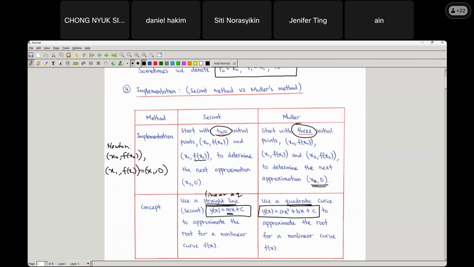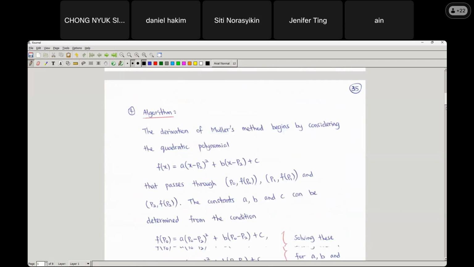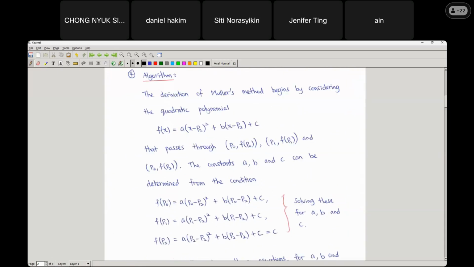So these are the differences. I repeat, for the Newton and secant methods, we use a straight line, a linear equation, to approximate the root of a nonlinear curve. For Muller's, we use a quadratic, in the form of y equals ax squared plus bx plus c. All right, so next, the algorithm.